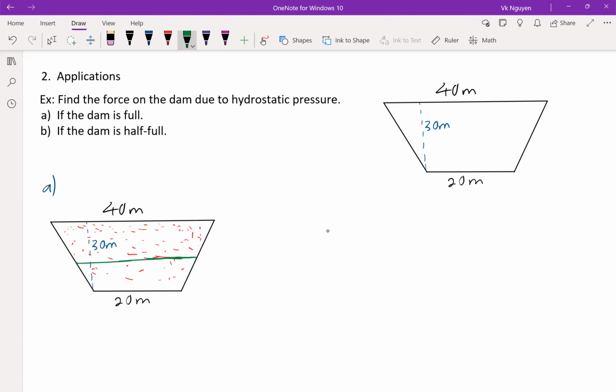Force on sample strip. We know force is pressure multiplied by area of the strip. The pressure is, well, the formula is rho g multiplied by the depth d, the area's length and width.